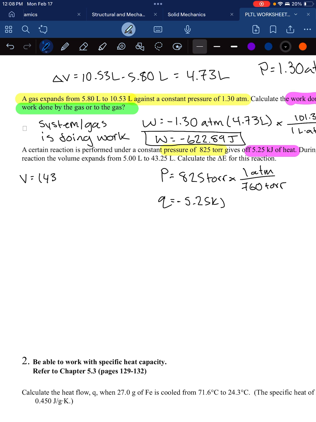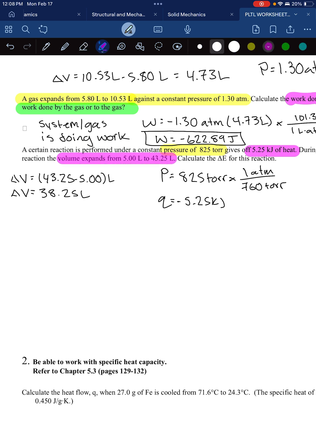So final minus initial, our delta V should be 43.25 minus 5, 38.25 liters.